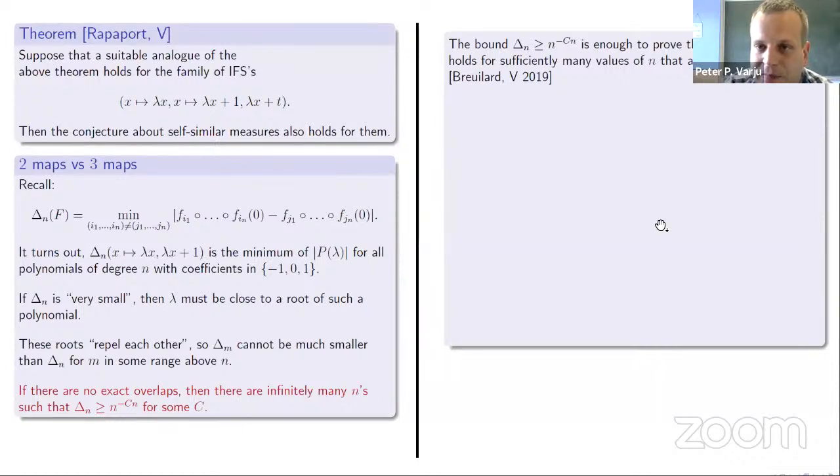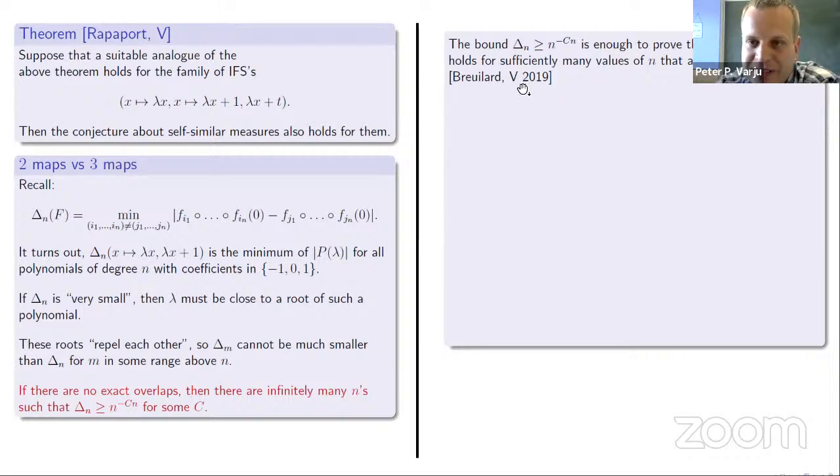And actually, if you have this bound for sufficiently many values of n, which are not too far from each other, then this is already enough to prove the conjecture. So this was another ingredient in the proof of the two maps case, which was done by Emmanuel and me.